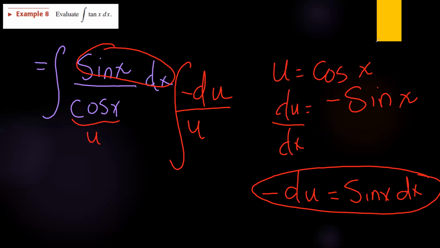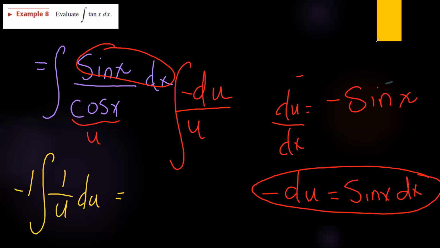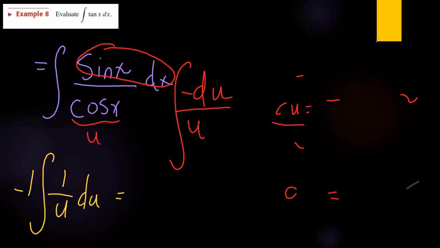Then here, as you see, we have negative 1, the integration of 1 over u du. Now, what's the integration of 1 over u? It is ln of the absolute value of u plus c. Exactly.